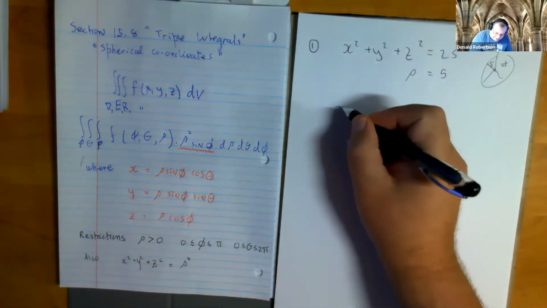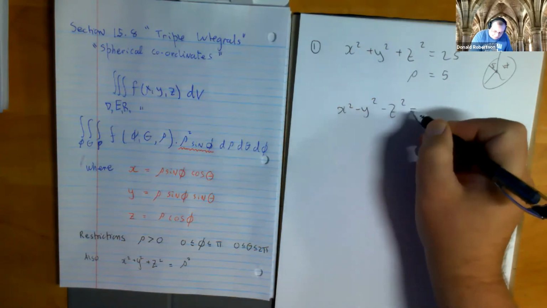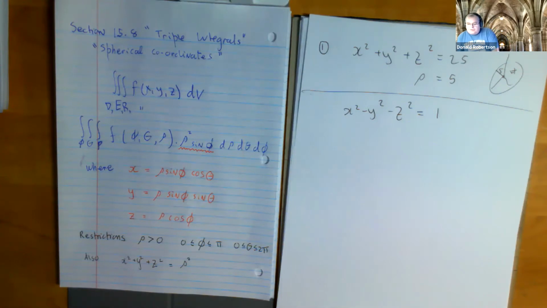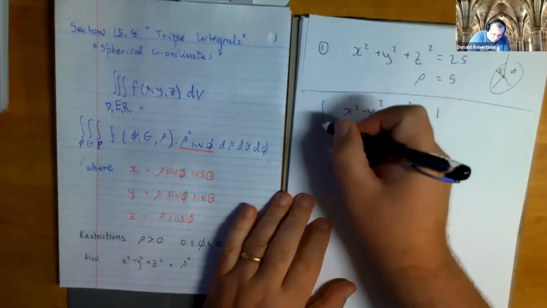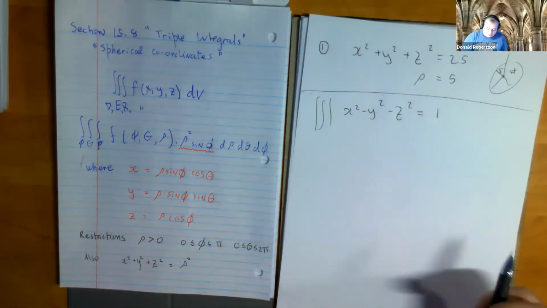On the other hand, if you muck about with stuff like this guy, and you wanted to write down what that expression would look like in rho, phi, and theta, because can you imagine there was going to be a triple integral of this guy, then you need to be able to do that, right?